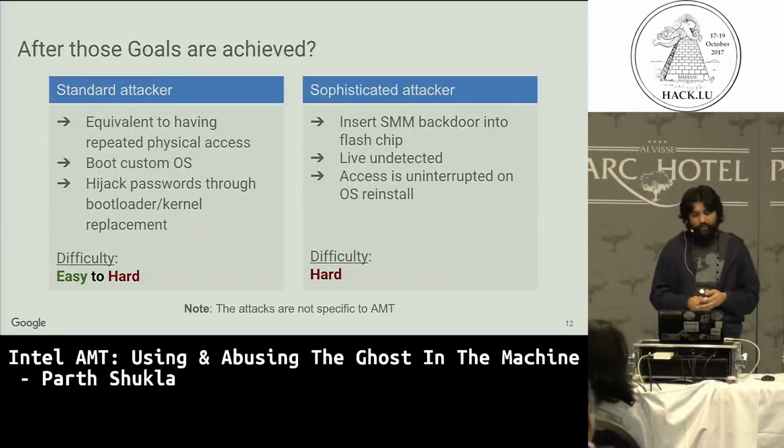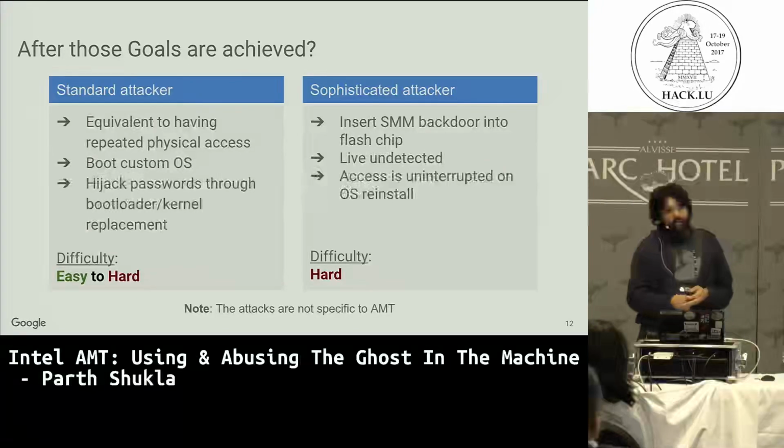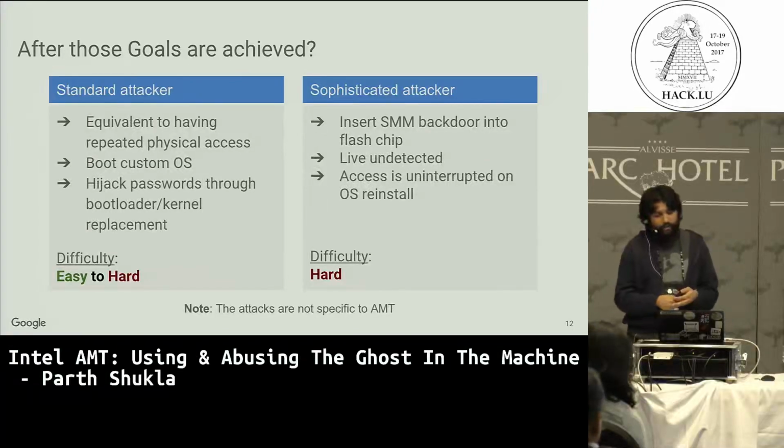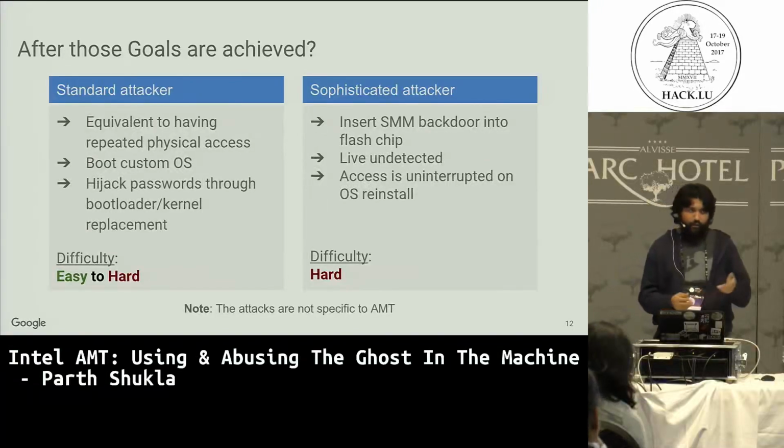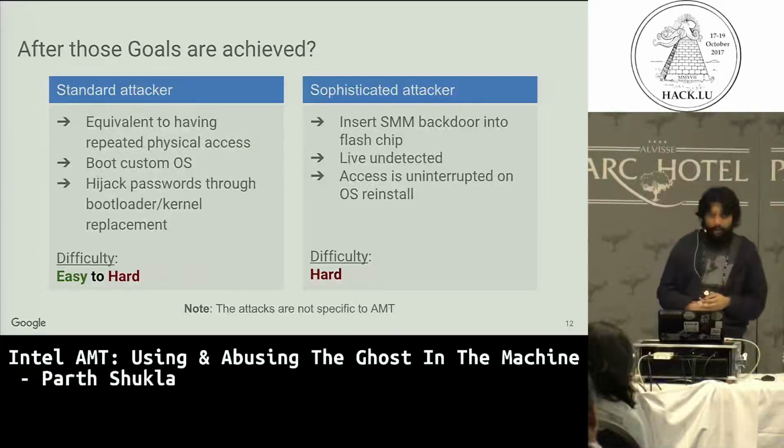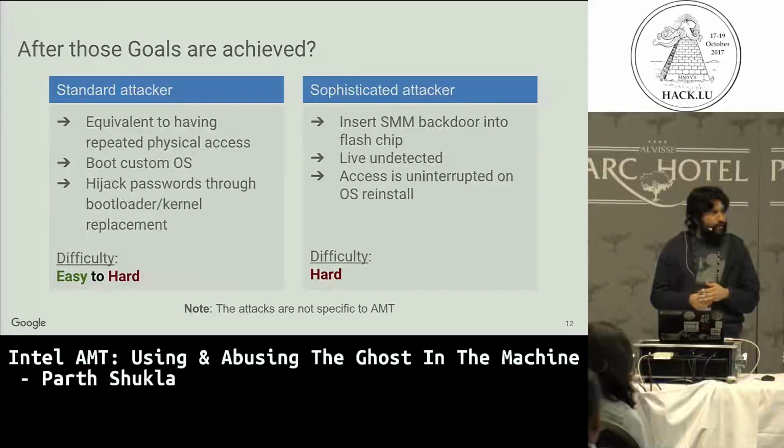This is not as universal as the previous attack, and most machines do severely lock down the BIOS region using flash protections now. So that's why I put it in the sophisticated attacker category. Now, I have an open question that you can answer at the end of the presentation. Did I miss a scenario here? What would you do if you had AMT control? How would you exploit?